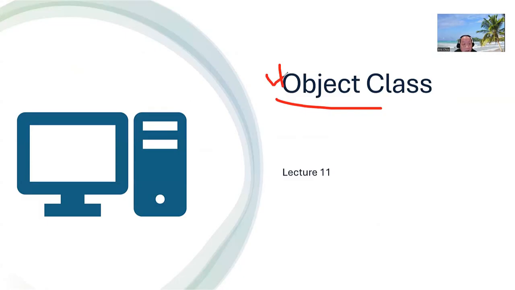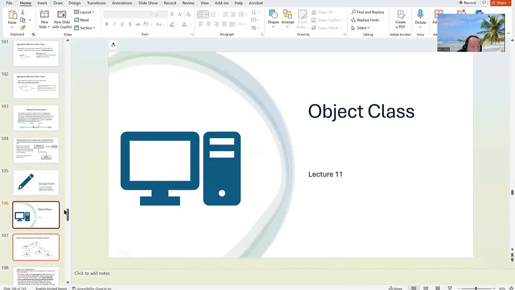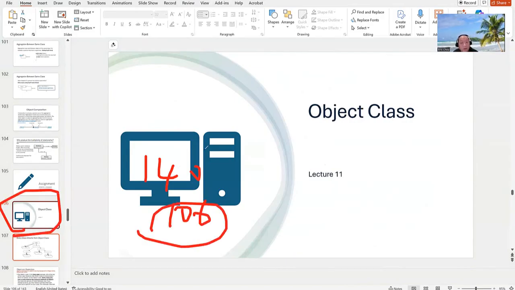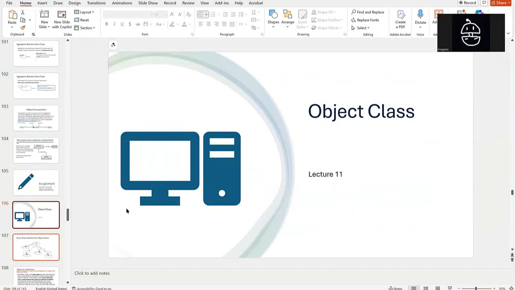So next week we will start from this Object class and beyond. This chapter is a little too long because it has 134, 140 slides. We are up to 106. You can work on the homework, no problem. But we'll resume from slide 106 next time. It is really a long chapter.